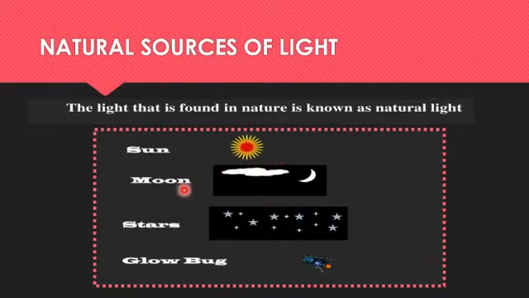And then at night timings, the moon is giving us light, and then stars and some insects like fireflies and glowing bugs are able to produce light, and they give light for the people at dark timings or night timings, so people are able to see some passages or some objects during that time when there is no sunlight. So these are some natural sources of light.